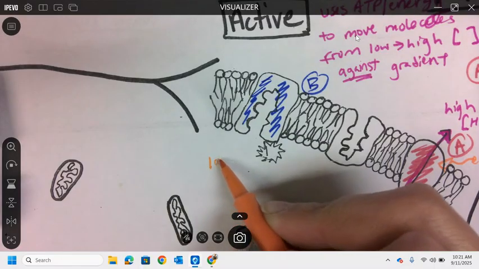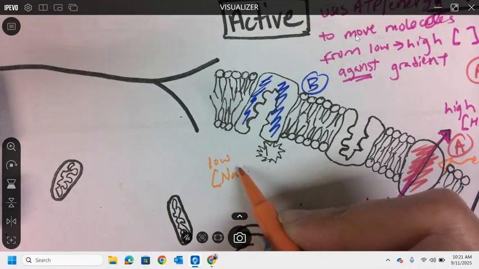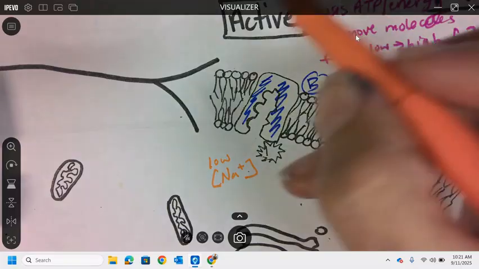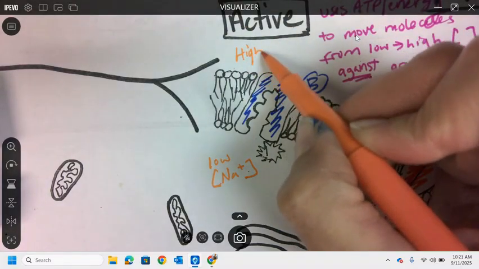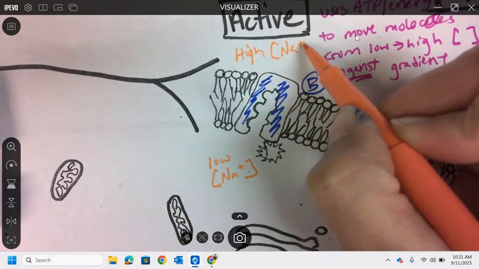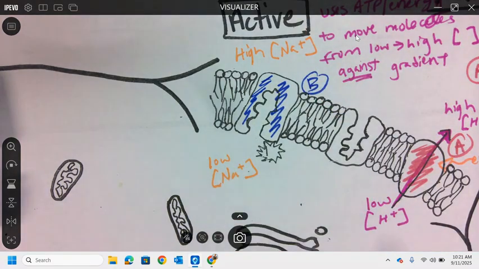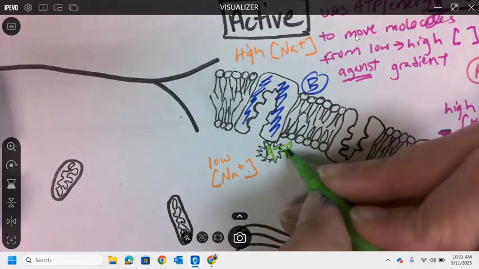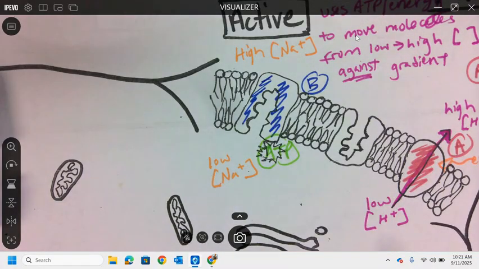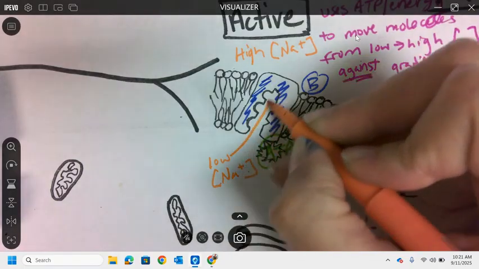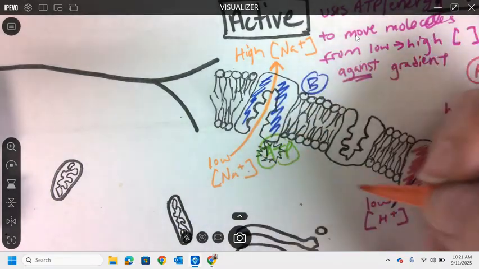We have a low sodium concentration here, and we have a high sodium concentration here. So we use ATP in this case. We'll make this our little ATP right here to change the shape of this protein. When it changes the shape of this protein, it moves 3 sodium ions out from low to high concentration.